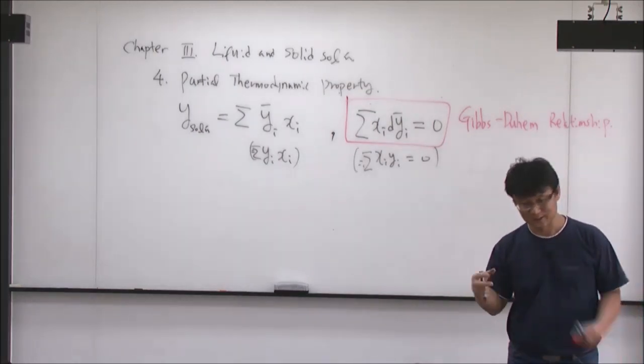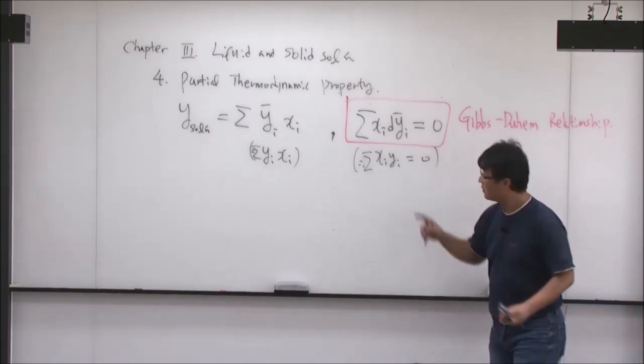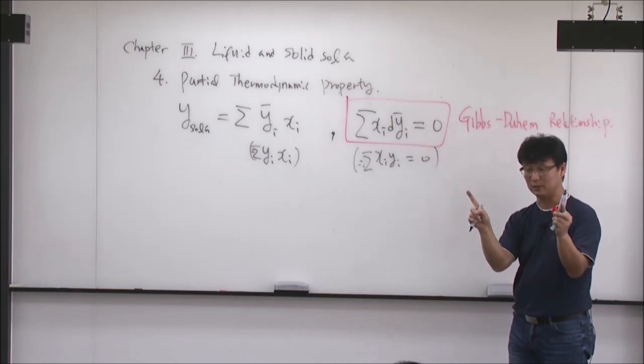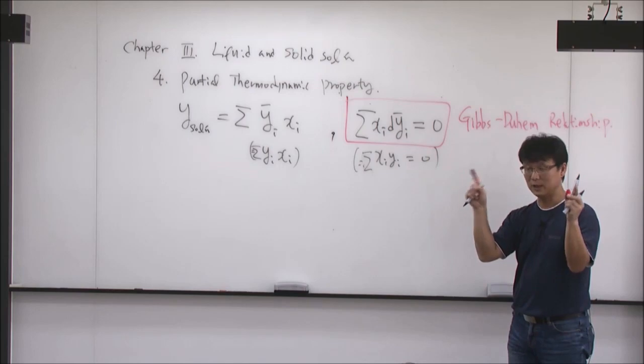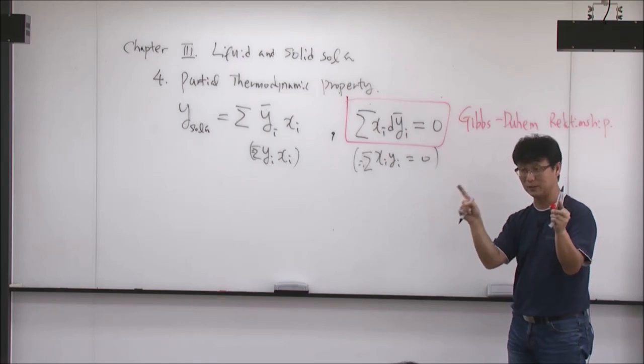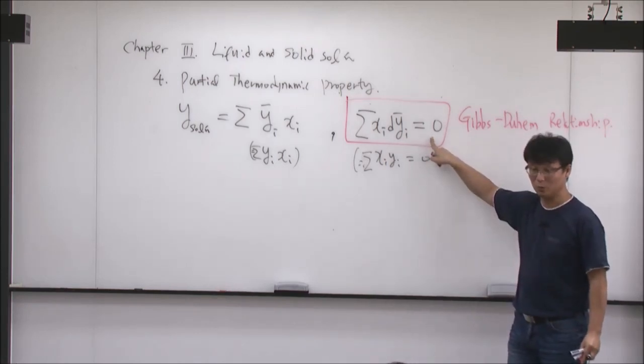In thermodynamic calculation, for example, or thermodynamic measurement, if you measure the partial properties of the two elements in the system separately or independently, they should keep this relationship. Otherwise, one of them is wrong.